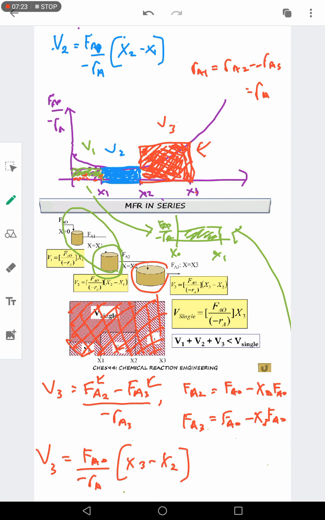You tak boleh terus jadikan satu square besar macam tu, sebab the calculation in terms of cost wise is totally different. So dia tak sama dengan PFR macam tadi. Okay.